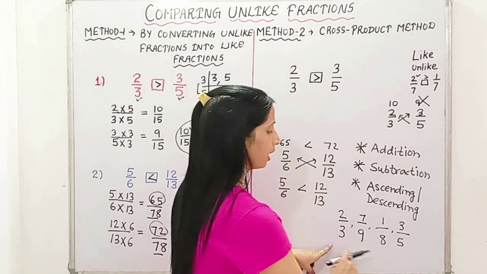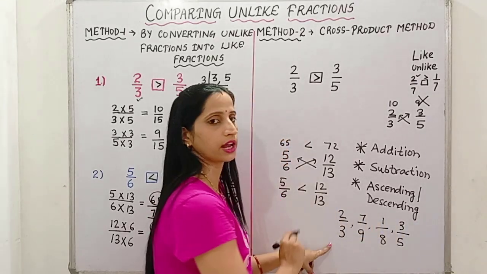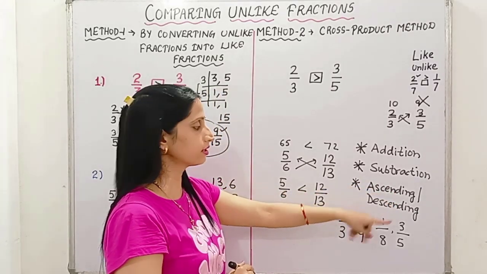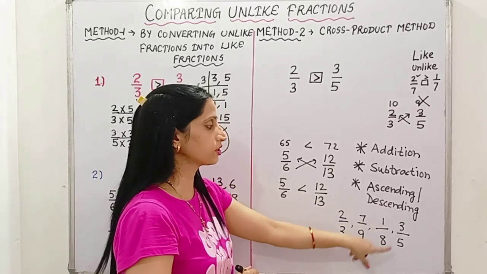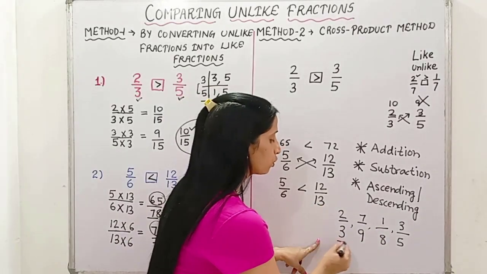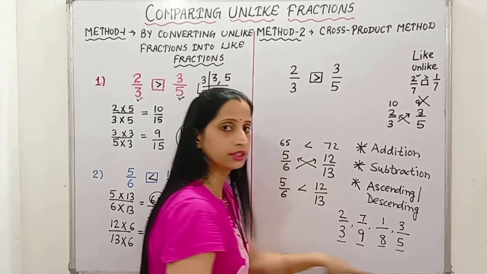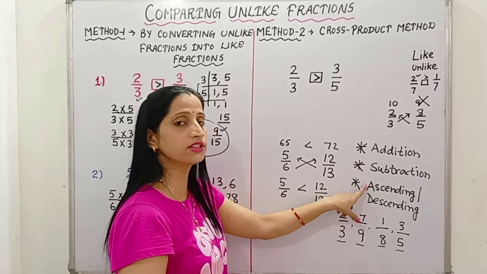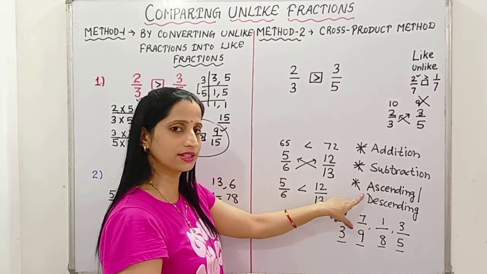And the question is you have to arrange these fractions in ascending order, or it can be like this, you have to arrange these fractions in descending order. So that time, first you have to convert these fractions into like fractions, then only you can arrange them in ascending or in descending order.